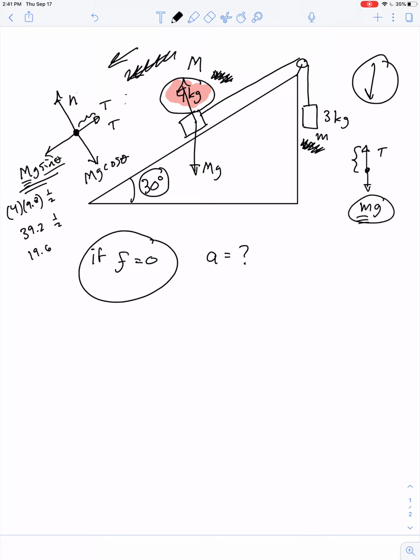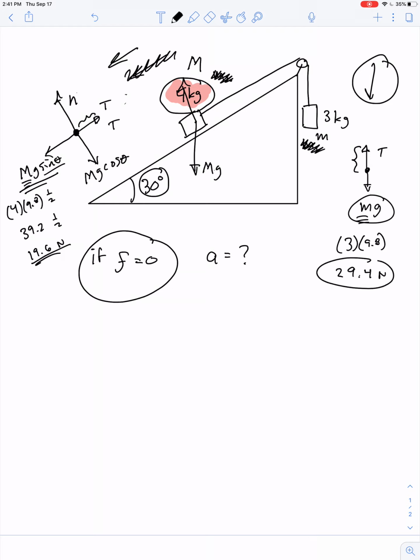This would be 19.6 newtons. Okay. Well, let's see. 3 times 9.8, what's that give us? 29.4 newtons.